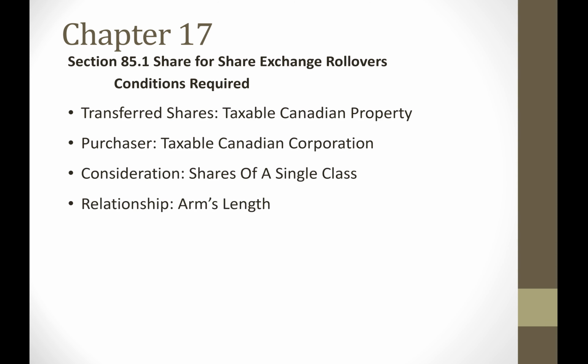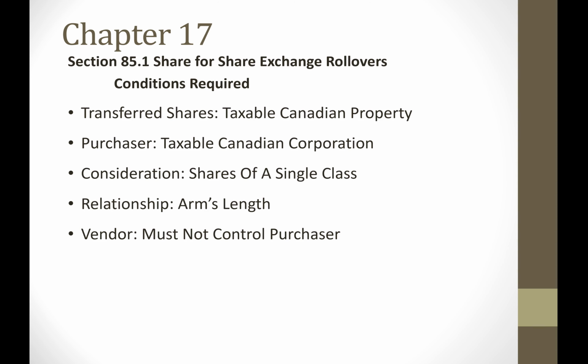And the relationship between the two parties must be at arm's length. So in our previous example, Ms. May and Acquirer Limited must have an arm's length relationship. Also, the vendor, Ms. May in our previous example, cannot control the purchaser after the Section 85.1. That's also another condition required in order to meet the Section 85.1 conditions.